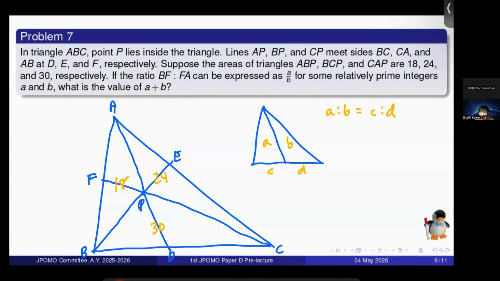What we can do is to let X be the area of this triangle AFP. Okay. And then what is the area of triangle BFP in terms of X?